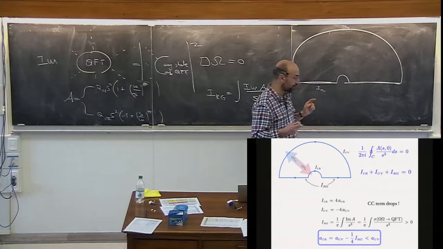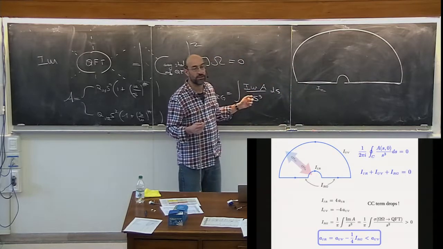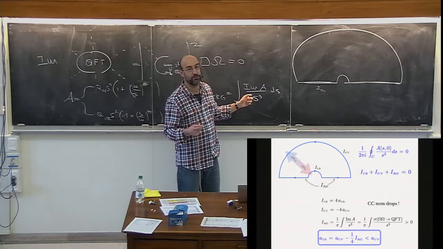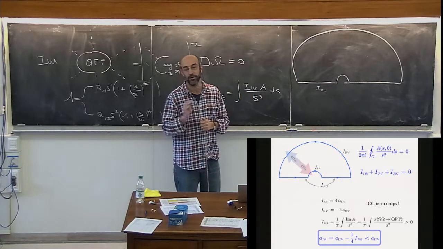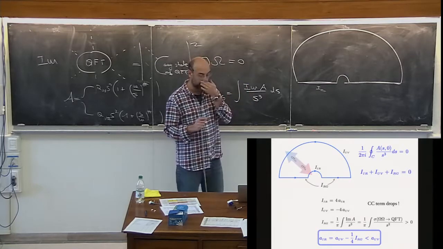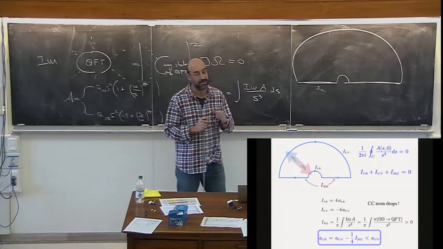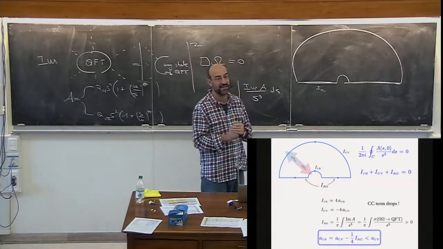Notice that the convergence of this integral happens under broader conditions than what you would, for those who have heard about the Froissart bound. The Froissart bound is telling you that the imaginary part of the amplitude cannot, in some situations, grow more than s log s.